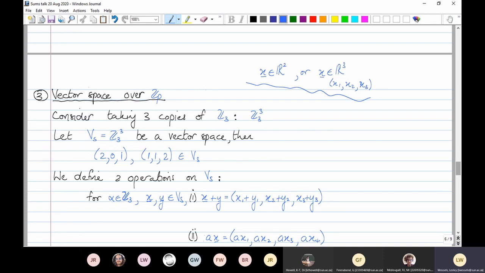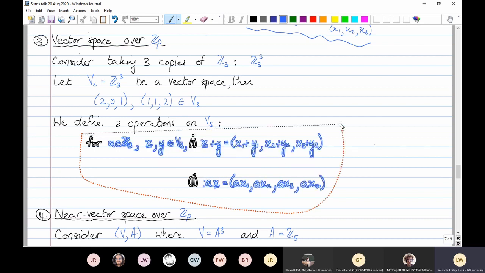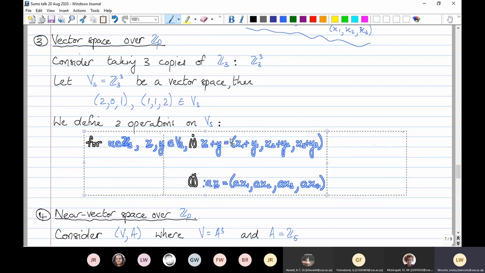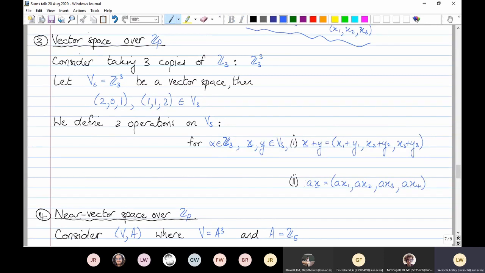Let's say we take 3 copies of Z3, and define VS as my vector space. These are possible elements: (2, 0, 1) and (1, 1, 2). I'm not sure how familiar you are with vector spaces, but I'm not going to go into too much detail. What I will do is just concentrate on the property where the two differ.